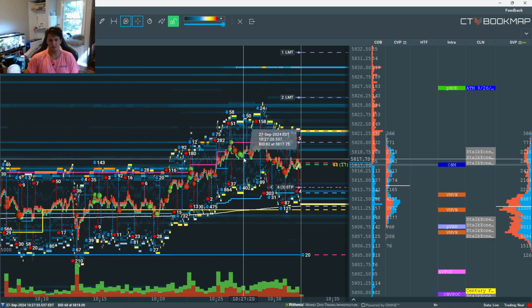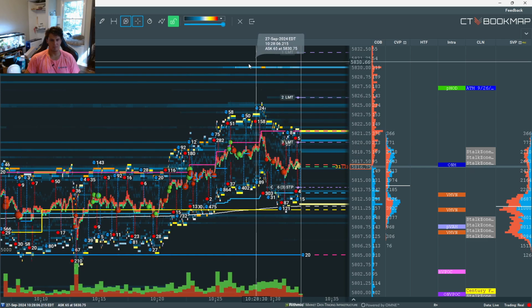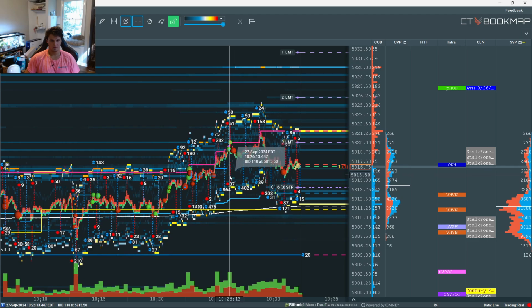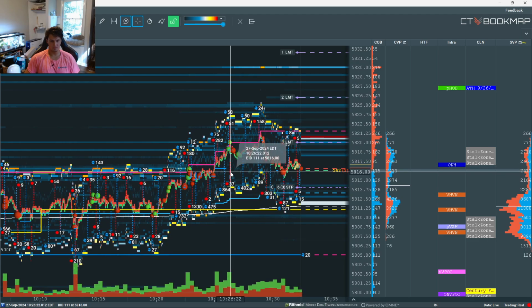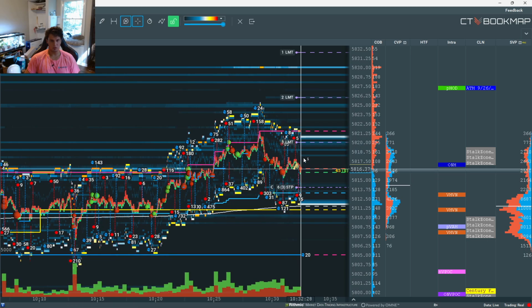We're going inside out here. We're gonna go for a test of the IB. See if this area holds and this seller stays underwater.